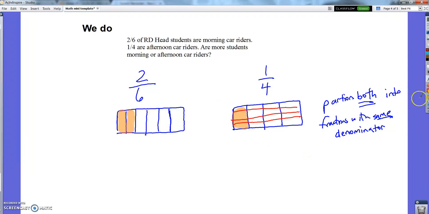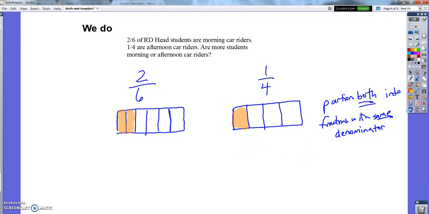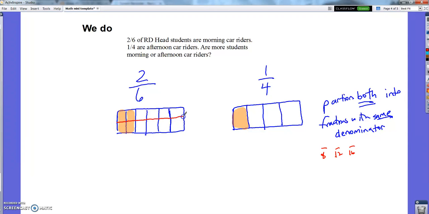So I can either cut that into eighths, 12ths, or 16ths. And over here, I notice if I even just cut this one once, I'll get 12 pieces. And this one I could do 12ths too. So I think I'm going to cut these into 12ths.